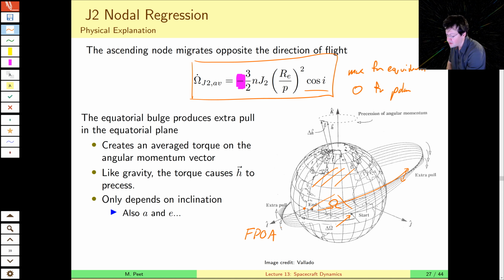And likewise here, when you're down here, you get a little bit of a pull towards the equator, and so you get to the equator a little bit earlier than on your last orbit. Of course, the point at which you get to the equator is the right ascension of the ascending node. So if you're getting there a little bit earlier, that means your right ascension has changed by a negative amount.